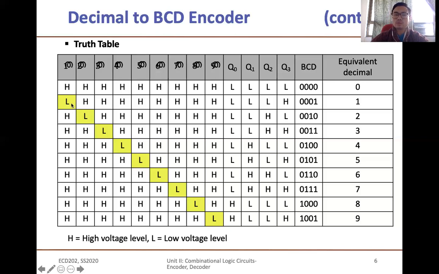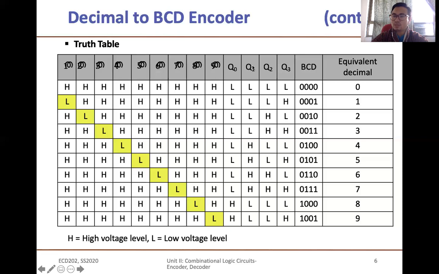Now, when you close the switch at 1, for input 1, the active low is high now. So we consider that switch as active low. So active low is high, which is denoted out here as L, which is high now. It has become high. So therefore your output from Q0 will be high.